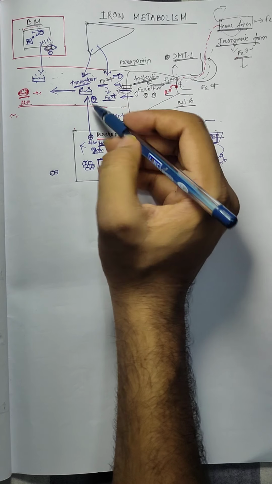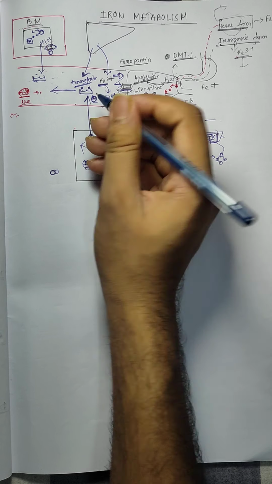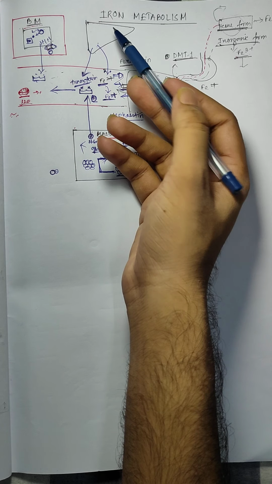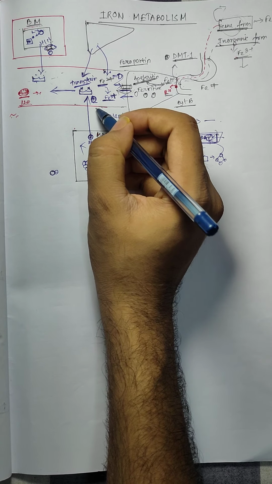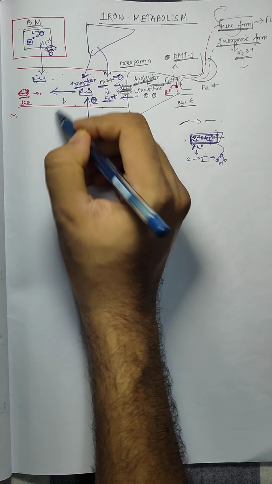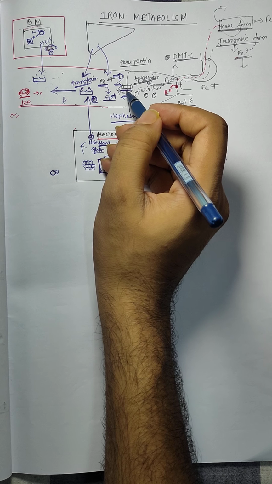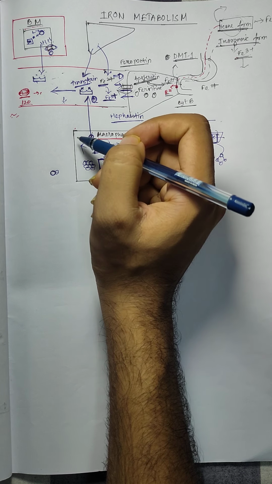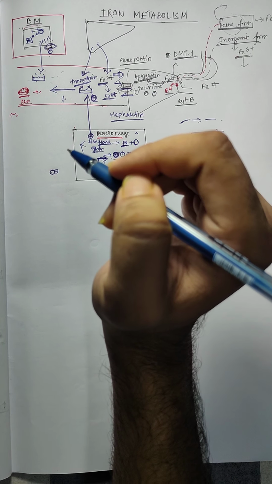It also blocks the transportation of iron from macrophages and different stores to the blood. So ultimately the serum iron level goes down, so it helps against iron toxicity. It is protective there. I mean, if there is an increase in hepcidin, there is a decrease in iron ultimately.